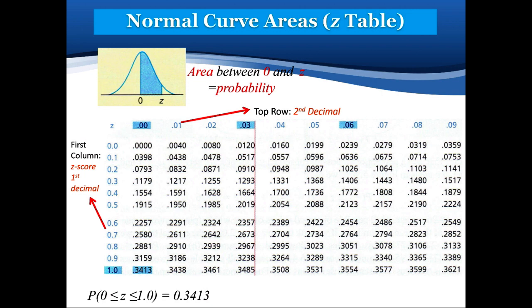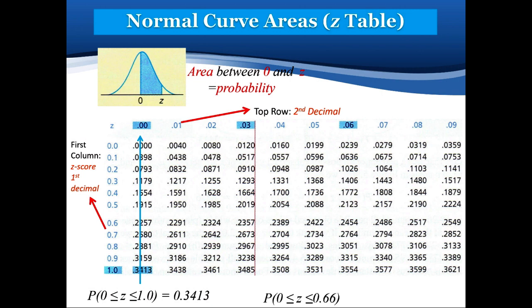For example, the probability between 0 and 1. So the z-score is 1.00. Find the first decimal, 1.0, and the second decimal, 0.00. So the probability is 0.3413.